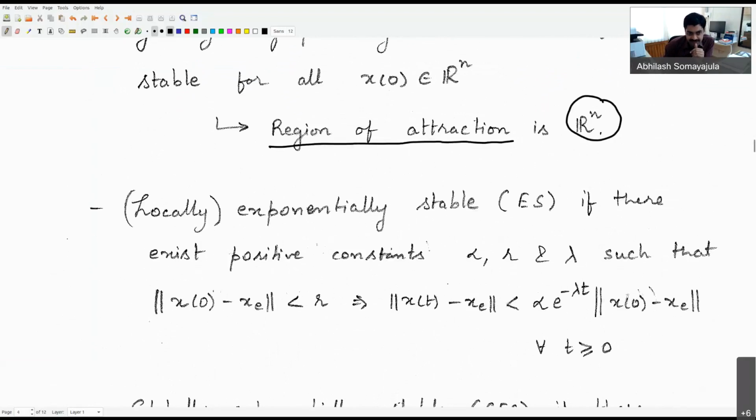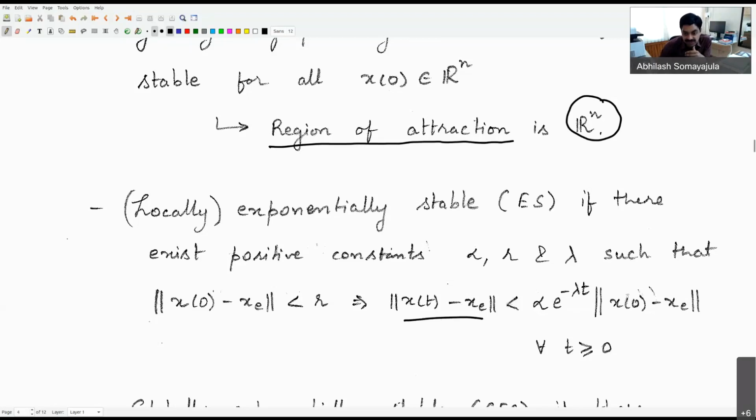So the next concept is locally exponentially stable. Okay, this means that not only is the point x of t approaching the equilibrium point xe over time, but it is coming so at an exponential rate, which means that the distance of the trajectory x of t minus xe is bounded by some exponential function, which means that I have an exponential convergence rate.